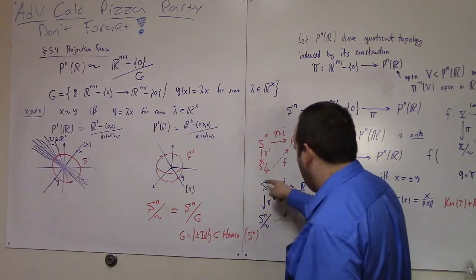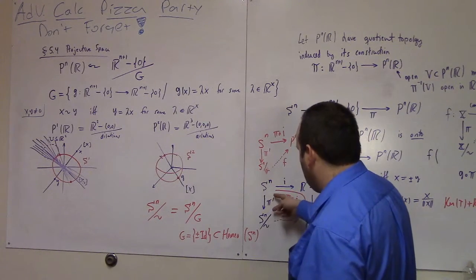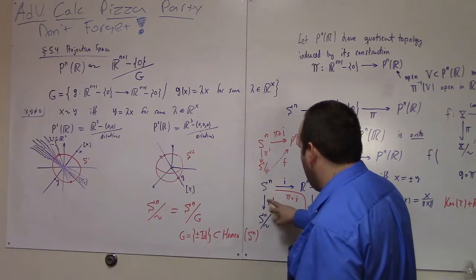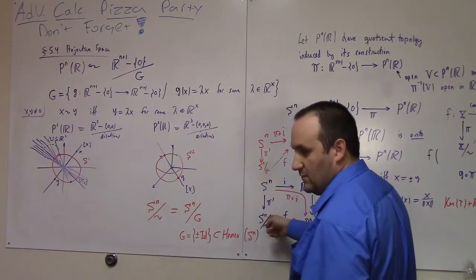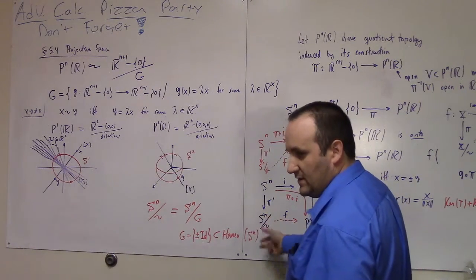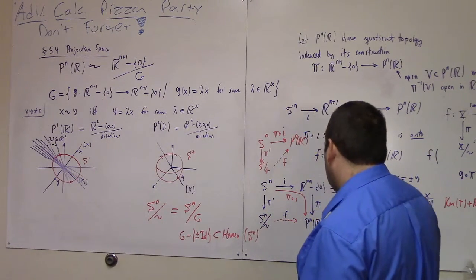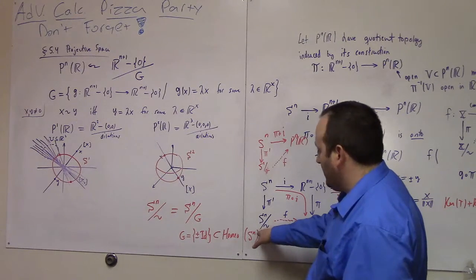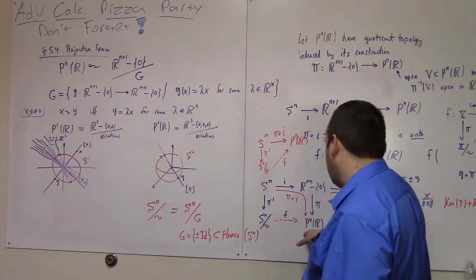So this is the antipodal projection, right? It projects pairs of antipodal points to one point in this quotient. So this is like pairs of x comma minus x in the n-sphere. And then there's a natural mapping between those pairs of points and projective n-space.